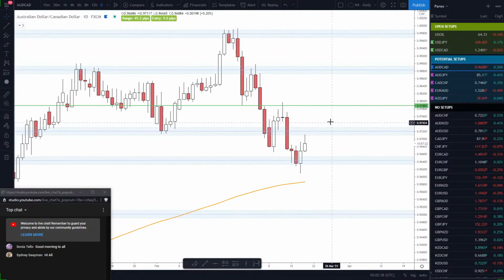Beyond that, not only do you have the resistance area there, because of the size of the indecision candle, you also have just a massive amount of distance to cover just to hit your 2-hour target, with a lot of potential for price to slow down on the way to your target, which we can see through here. It's a pretty messy area.